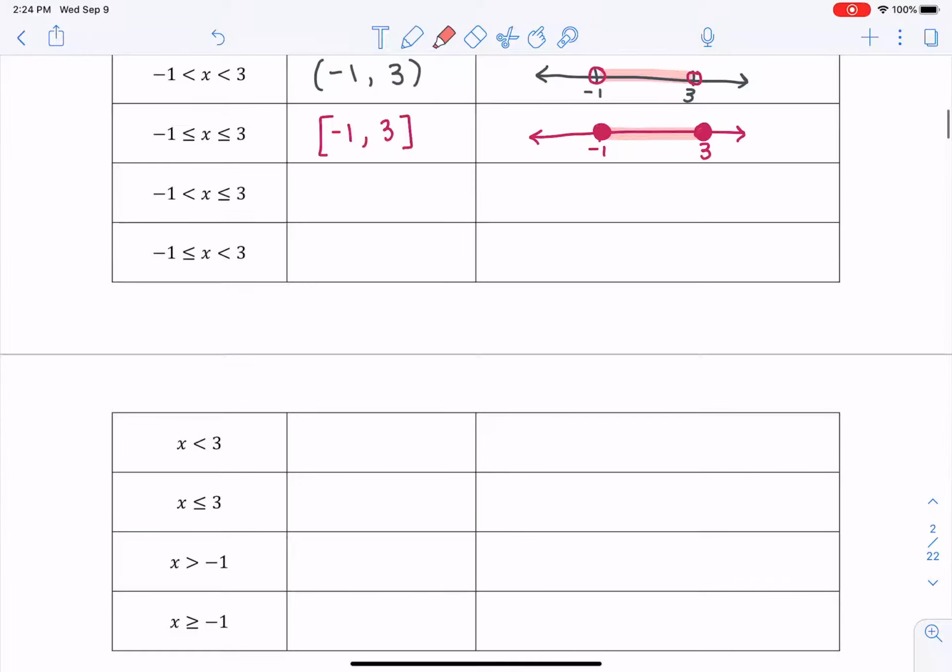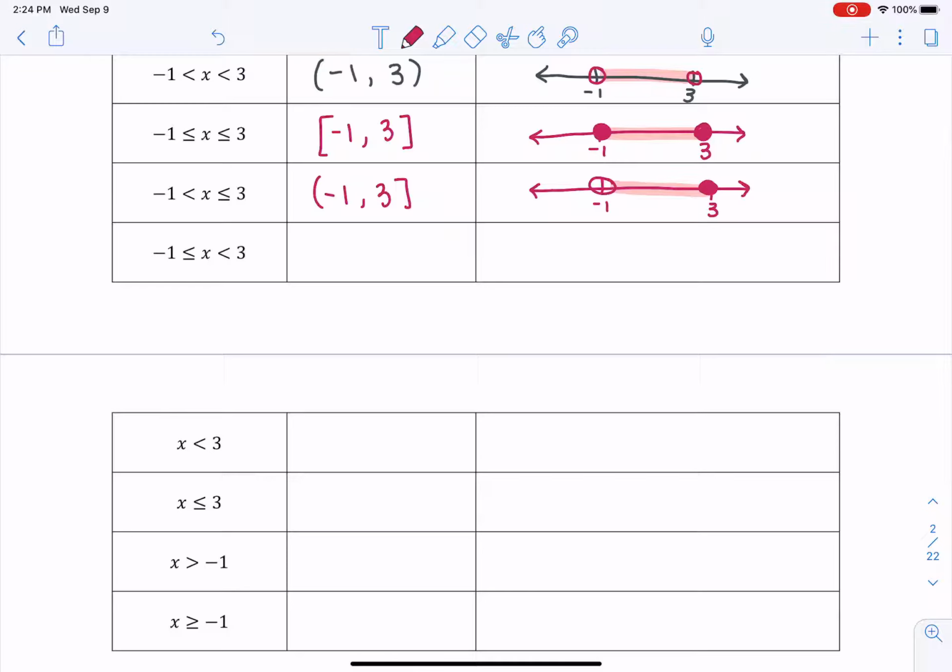For -1 is less than x is less than or equal to 3, now I'm including the 3 but not the -1, because this doesn't have an equal sign, this does. So for -1 to 3, I'm not including -1, I'm including 3, and then I'm going to include everything in between.